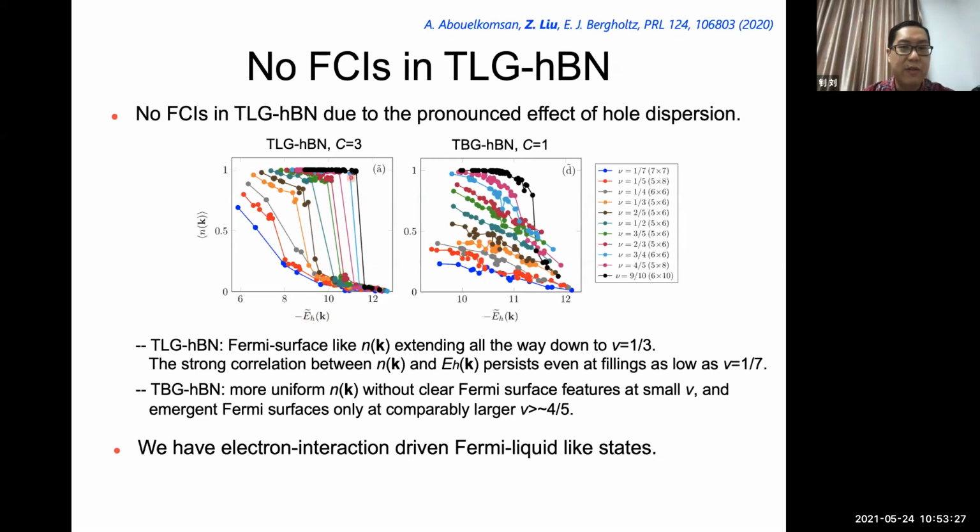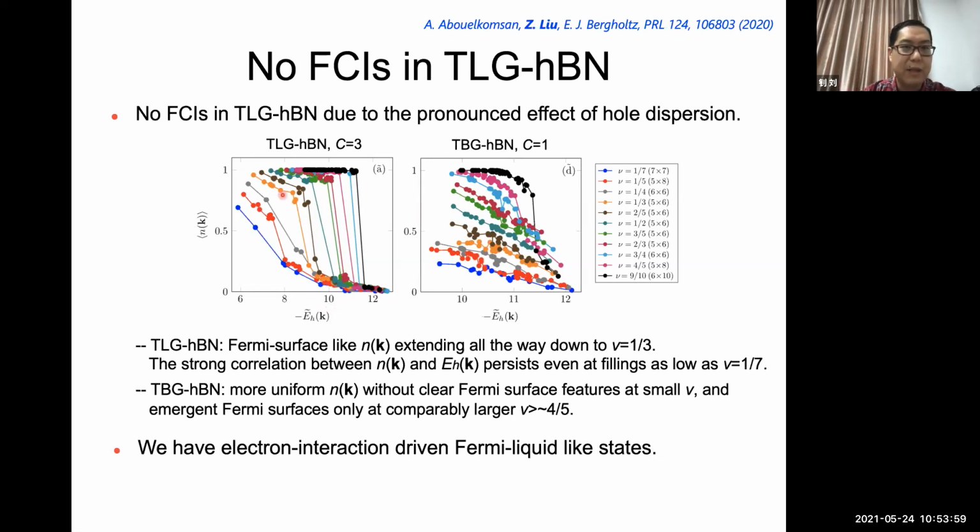For trilayer graphene, Chern number 3 band, we found that the Fermi surface-like structure of n_k emerges for filling factors higher than 1/3 filling. 1/3 filling is this orange curve. So in this curve, you can see that for small minus E_hk, the occupation of electrons is close to 1, then it suddenly drops and roughly goes to 0. So this is the Fermi surface-like structure.